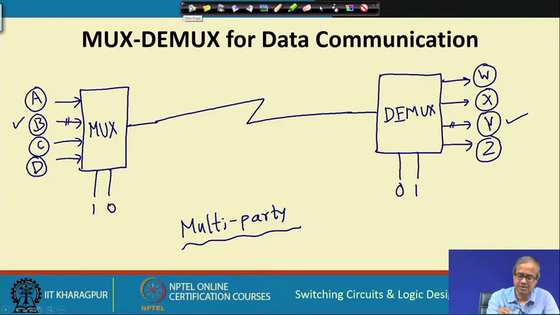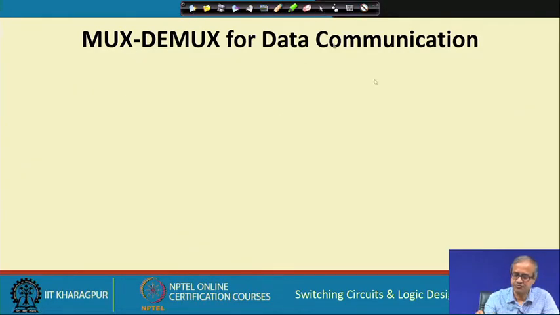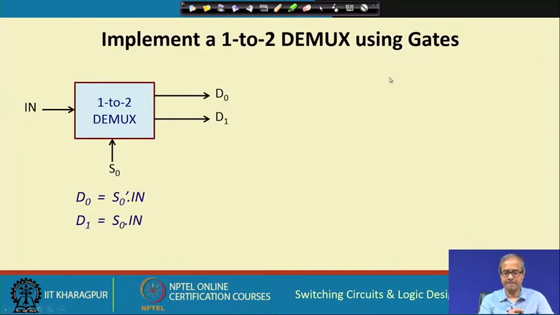Okay. Let us move on. Let us see how we can implement a small demultiplexer. There is one input and there are two outputs. First, again let us consider a truth table approach.